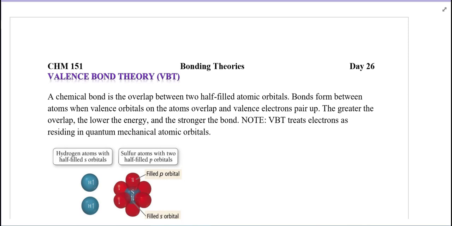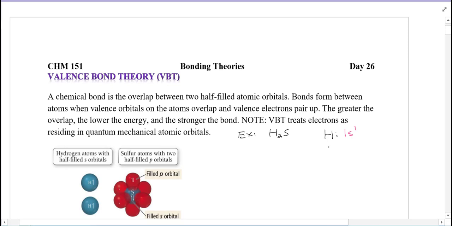So let's look at an example first of H2S, hydrogen sulfide. Hydrogen, of course, has an electron configuration 1s1, and there's two of them.